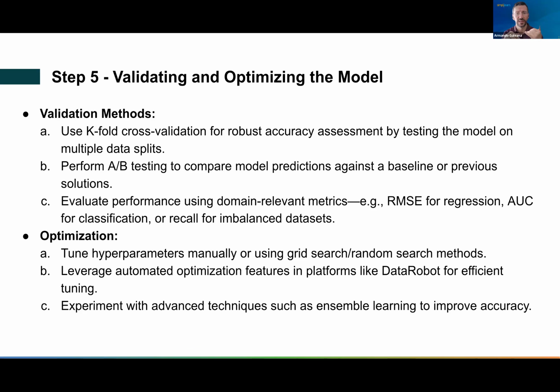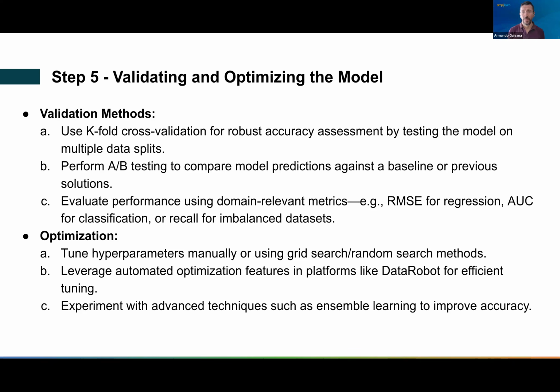And this includes things like, it says here, grid search that will explore a defined set of combinations, random search that will randomly sample combinations of parameters to find the right value. There's automated optimization, like DataRobot has it, Amazon SageMaker has it, Google Cloud has it.